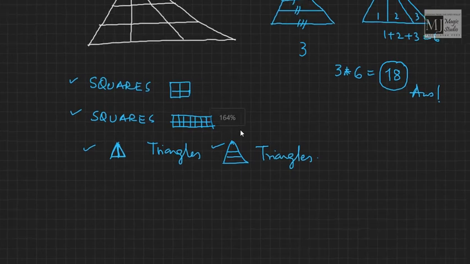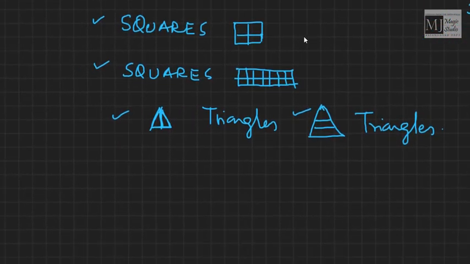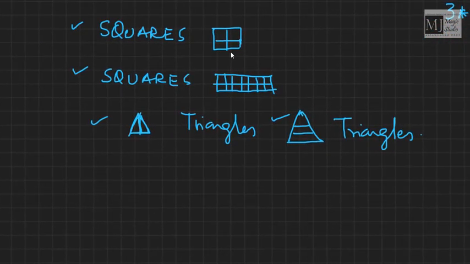So, still, once again, for squares in squares, what we do? We do simply 1 into 1 plus 2 into 2 and so on. For squares in rectangles, what we do? We list down rows and columns and then multiply.